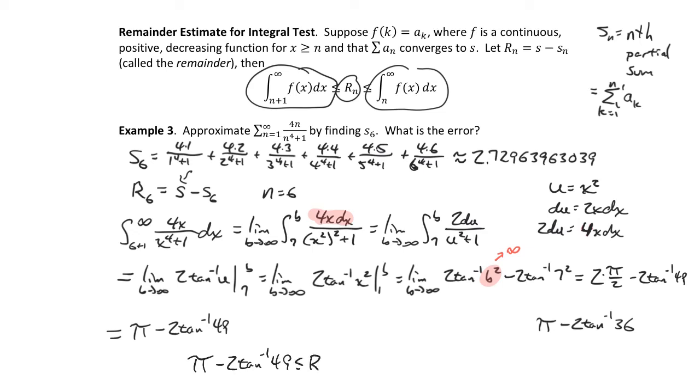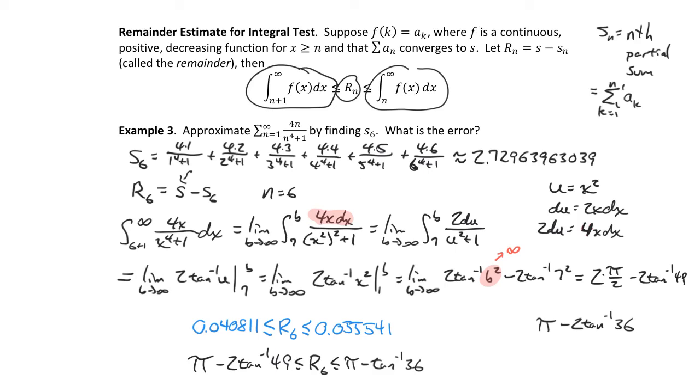The remainder for the sixth partial sum is going to be between these two values. When we calculate these, we see that our remainder is somewhere between 0.040811 and 0.055541. Okay, so wait, what does that mean?